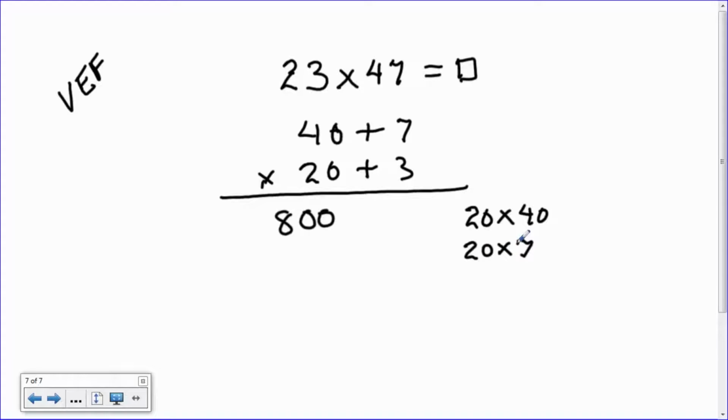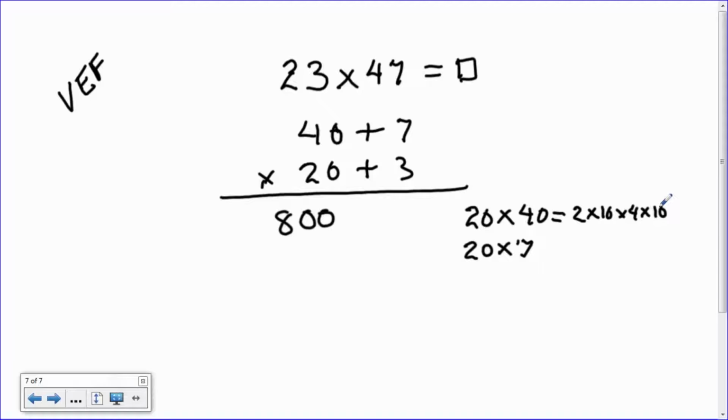And 20 times 7 is, well, let's see, let's back up. On this problem right here, you might be asking, well, how do I know that's 800? Well, remember the any order property, and the 20 times 40, this means 2 times 10 times 4 times 10. And the any order property says I get to multiply those in any order that I want.